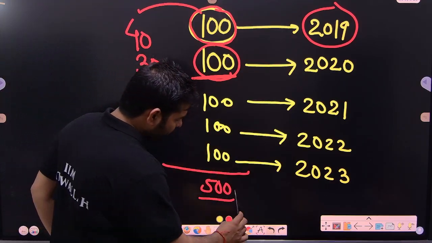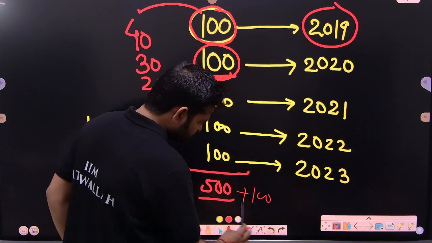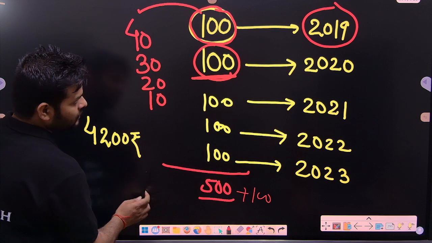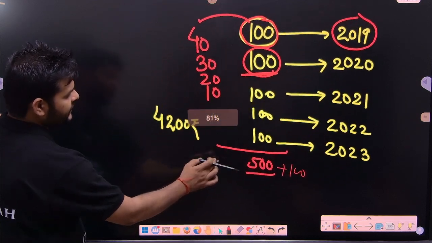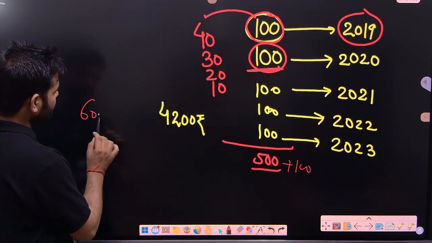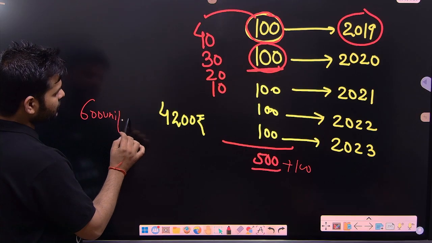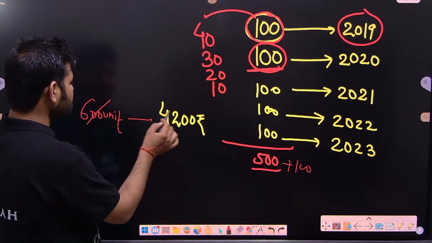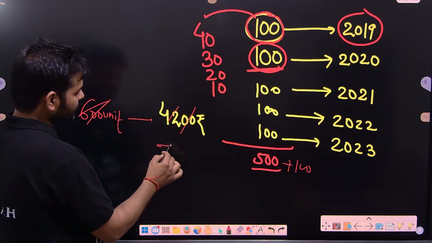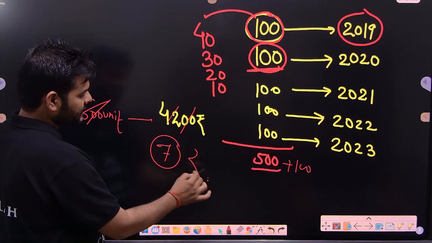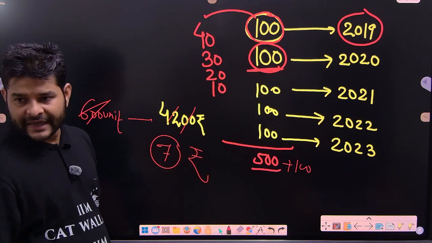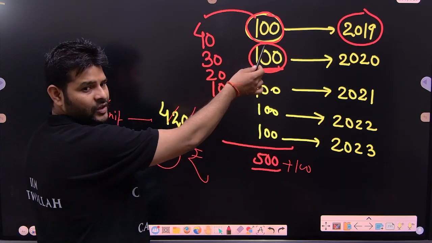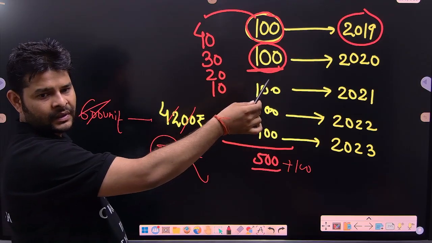So total he will get 600 units, and this 600 unit represents 4200. That means 1 unit cost would be 7 rupees. So each installment would be 700 because each installment was 100 units.